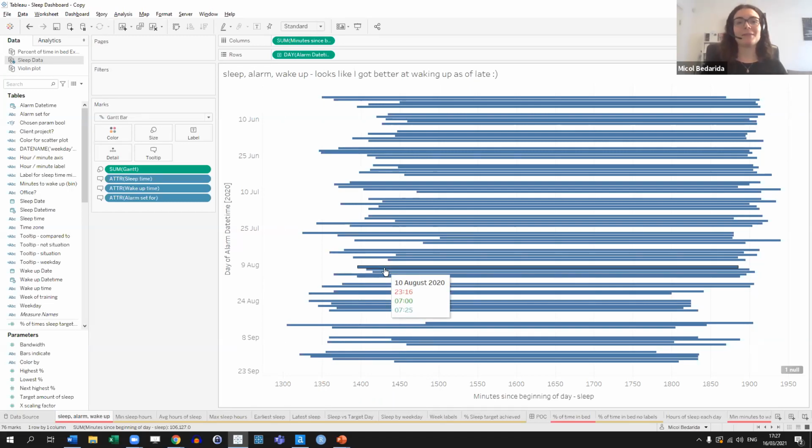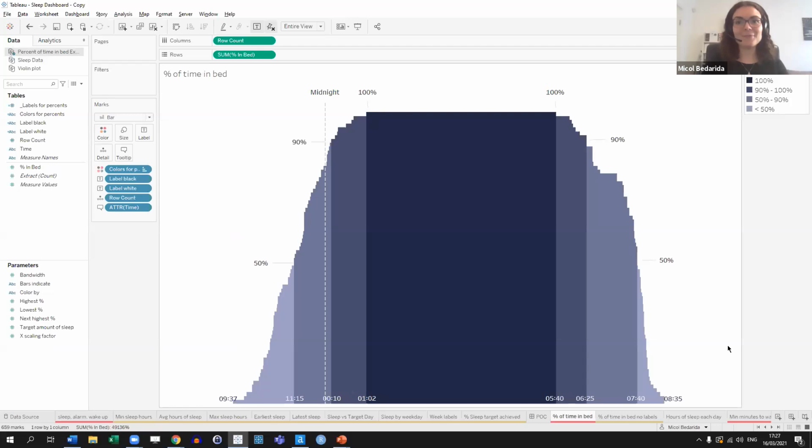The idea was that by glancing at this graph, I or the dashboard user would be able to get an overview of my sleep patterns. Now, I don't know about you, but I find this graph quite hard to read. And after playing around with it for quite some time and trying lots of different options, I finally settled for this graph for my final viz.